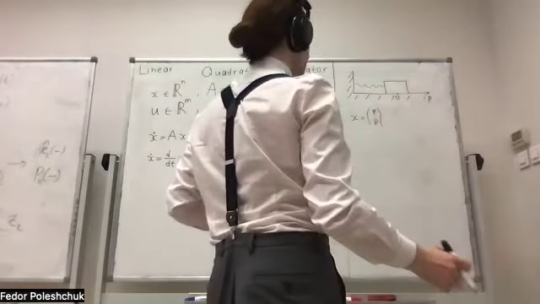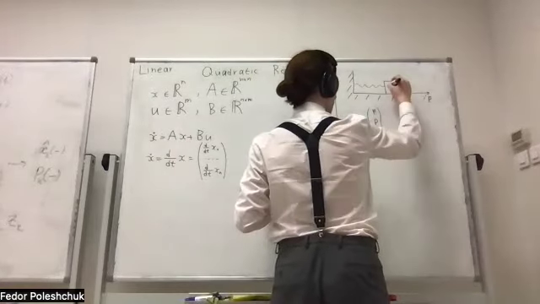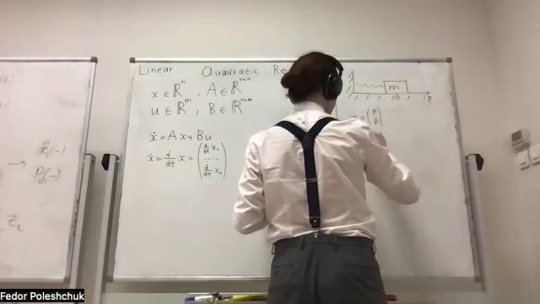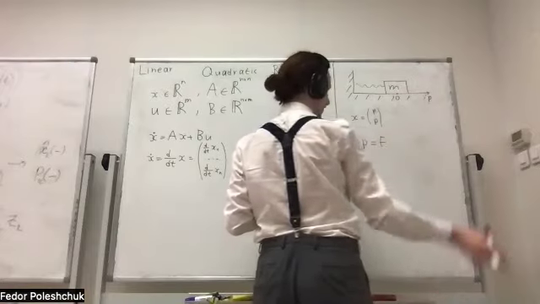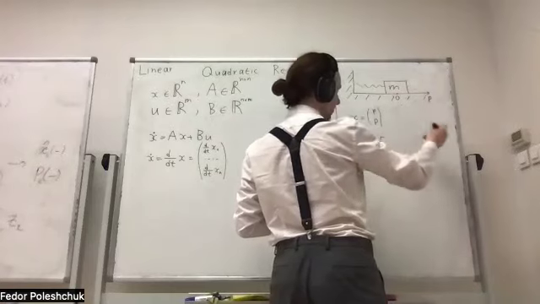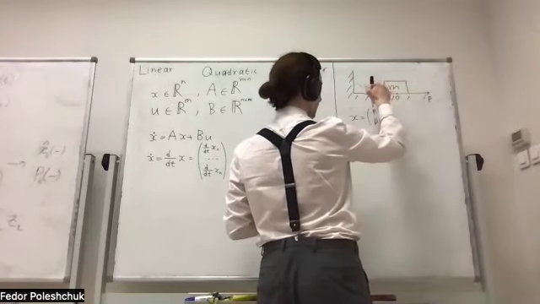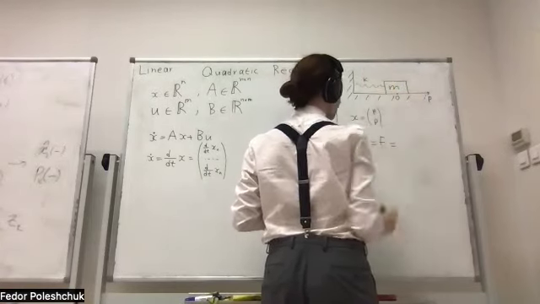What can we say about the dynamics of the system? We know that M times the second derivative of the position, p double dot, is equal to the sum of all the forces that act upon this block. And the only force acting upon this block is the force that comes from the spring with elasticity k.